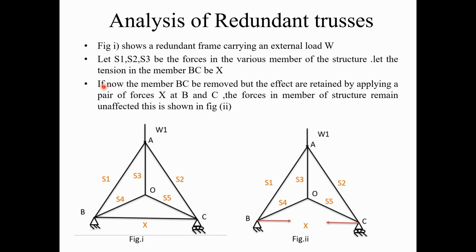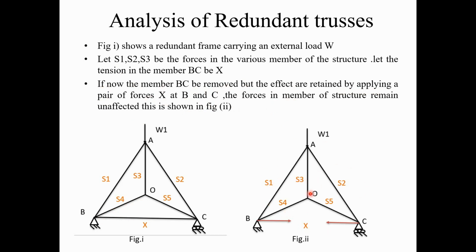Now, if the member BC is removed, but the effect is retained by applying a pair of forces X at B and C, the forces in the members of the structure remain unaffected, which is shown in figure number 2. So we replace this BC member by the pair of forces X. Because of this replacement, there is no effect on the member forces.